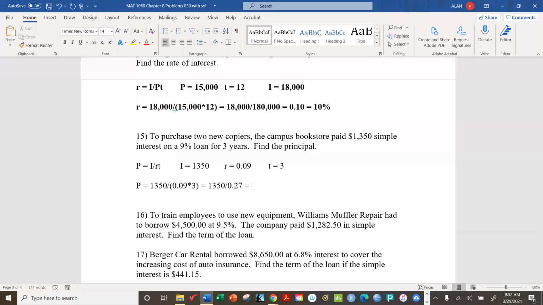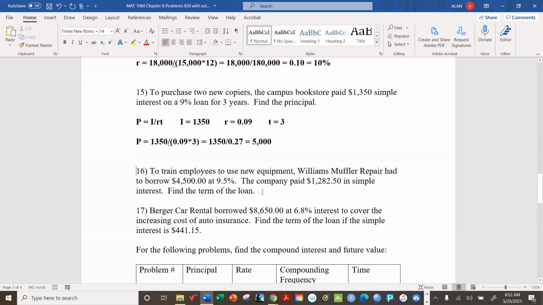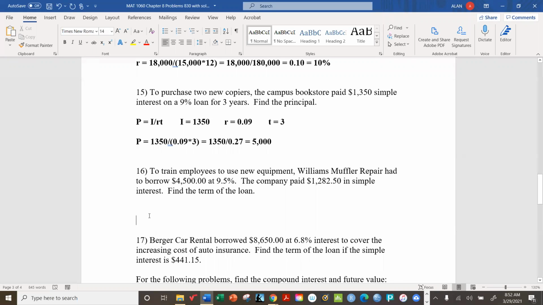And let's see what that gives us. $5,000. Okay, so it just means that the campus bookstore borrowed $5,000 in order to buy the copiers.